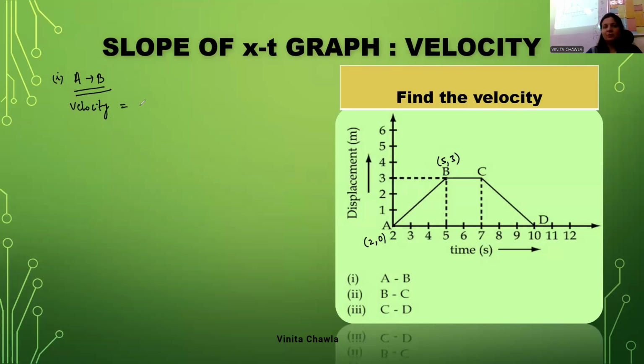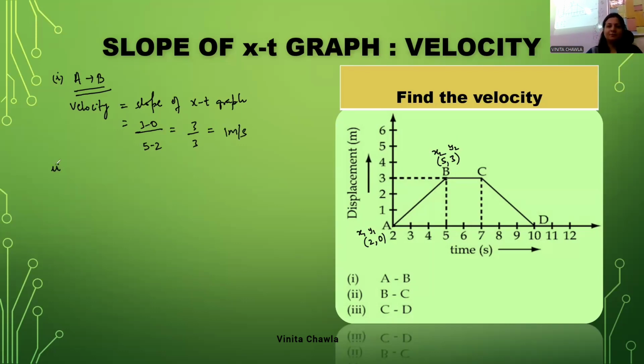Velocity is slope of xt graph. So it's y2 minus y1 upon x2 minus x1. So this is x2, y2, and this is x1, y1. Now use the formula y2 minus y1. 3 minus 0 upon x2 minus x1 is 5 minus 2. So you'll get, hanji, 1 meter per second.